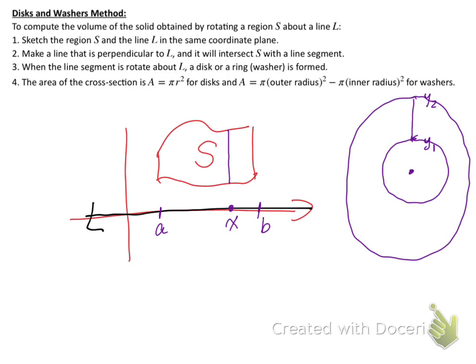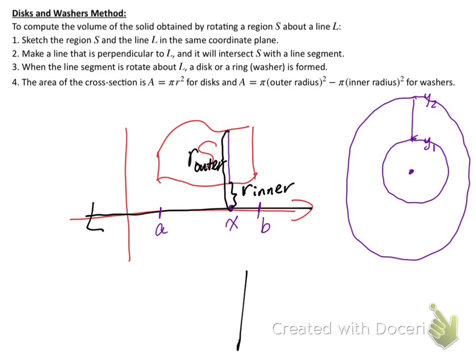So you are going to have an inner radius and outer radius. So when the line segment and the axis of rotation are not intersecting each other, if your line segment is away from the L, you get a ring, okay?